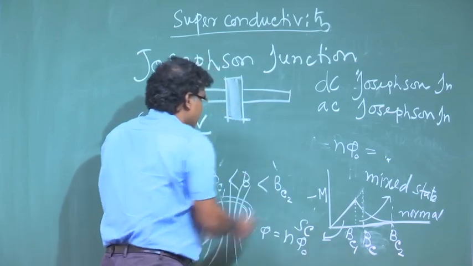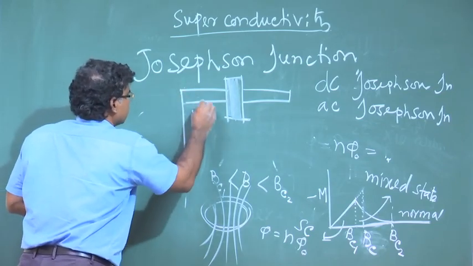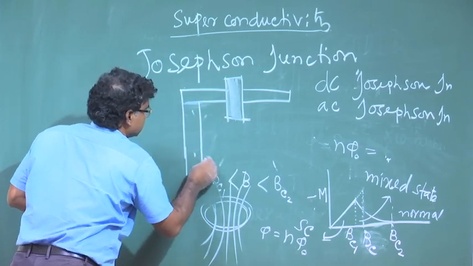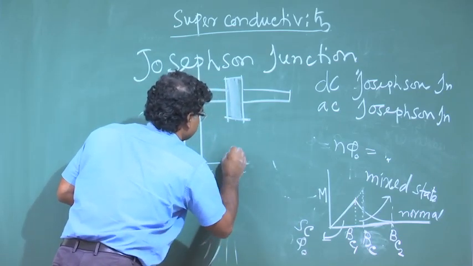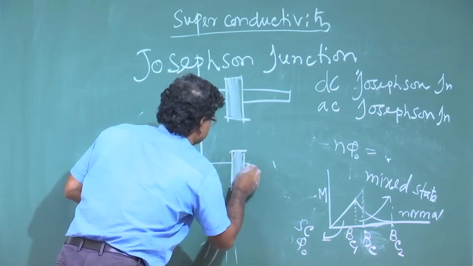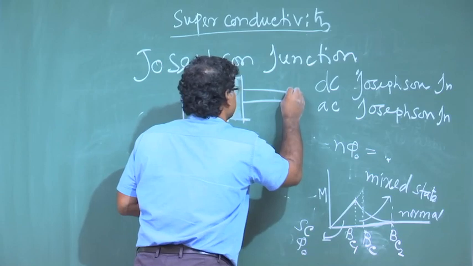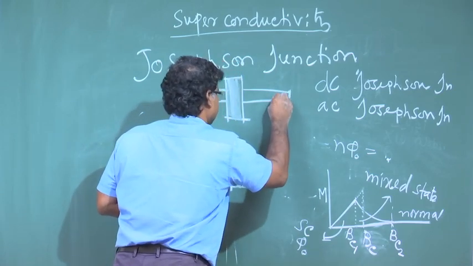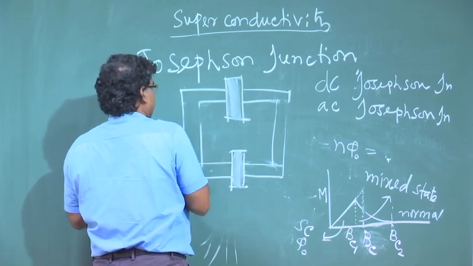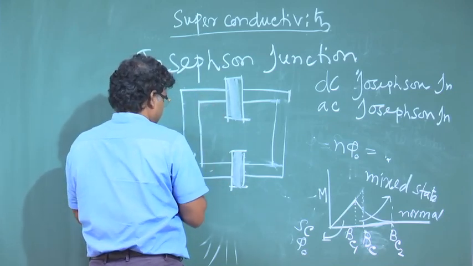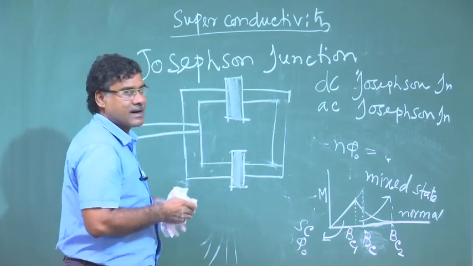So, two junctions. Here you are passing current through it, and here the current is going out.